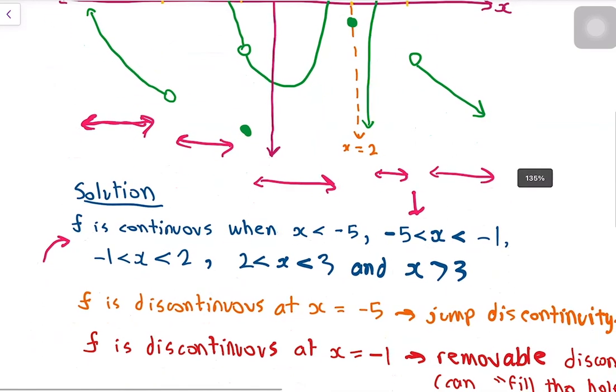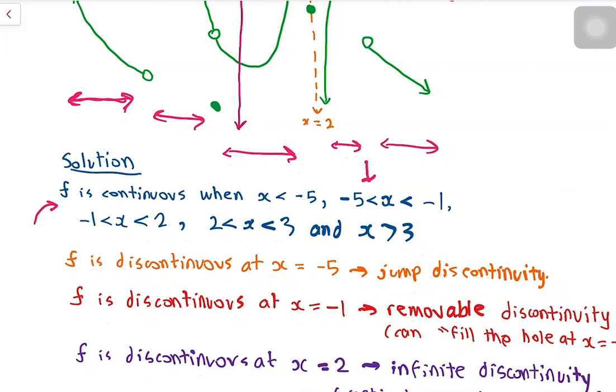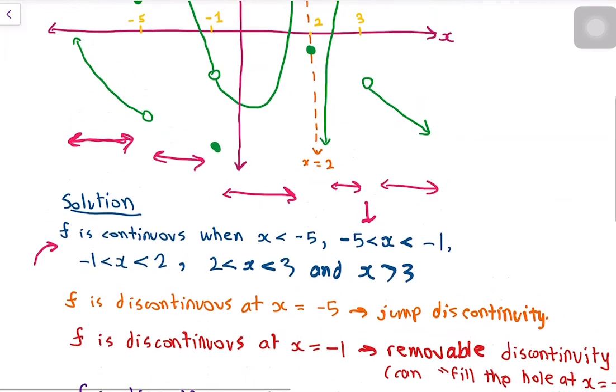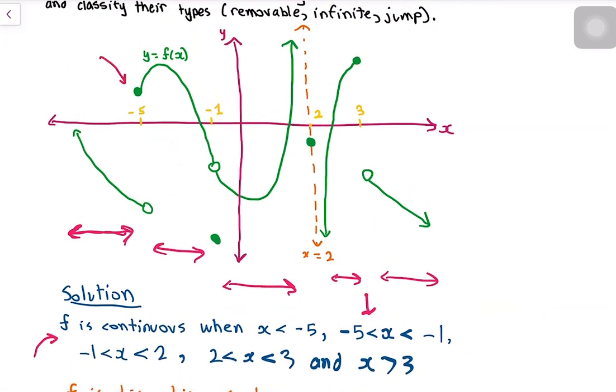However, f is discontinuous when x is equal to -5, and we have a jump discontinuity at x equals -5. This is because if you look at x equals -5, from the left we see the function goes like this, but from the right the function goes like this.